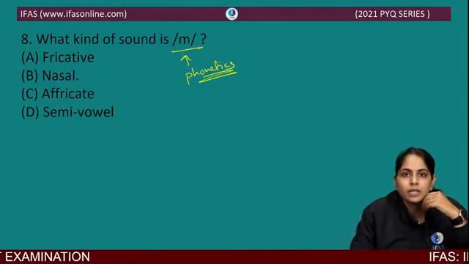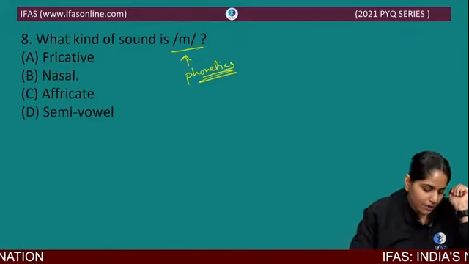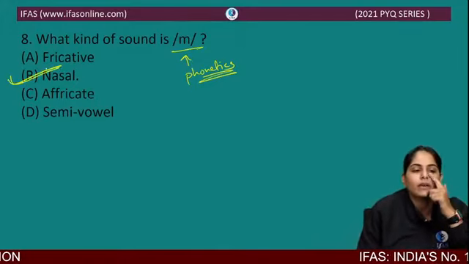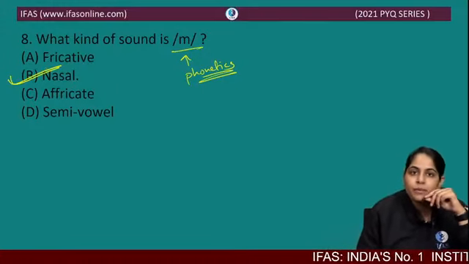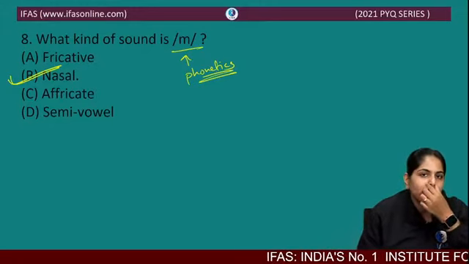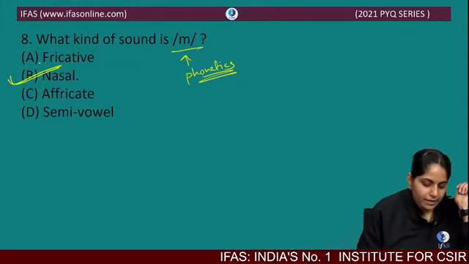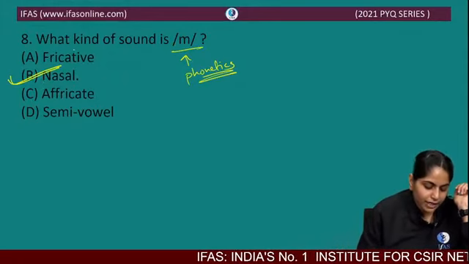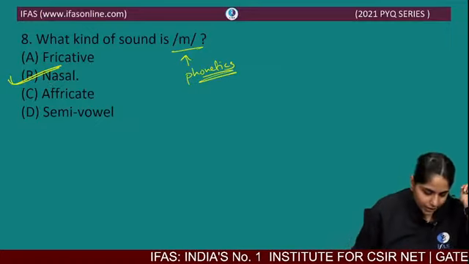So for example, m, n, okay. So these letters are pronounced from the nasal, okay, because if you see, the stress is coming on the nose. When you are saying m, this is also stressed, right? You will feel this. That is why, what kind of sound is m? It is the nasal sound. Got it?